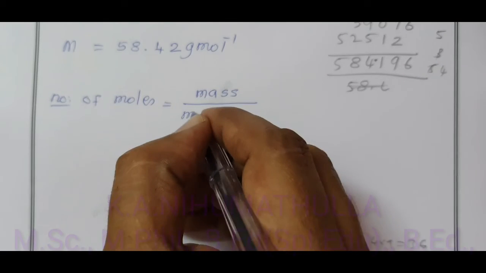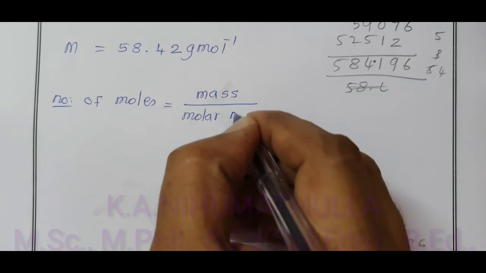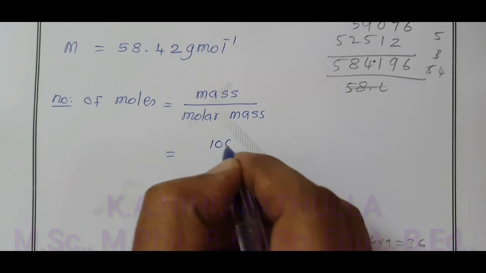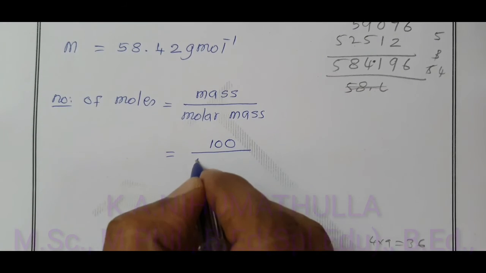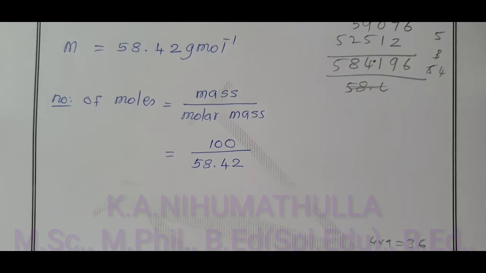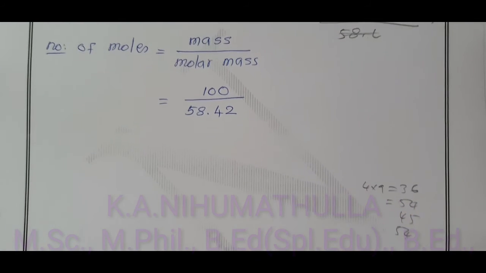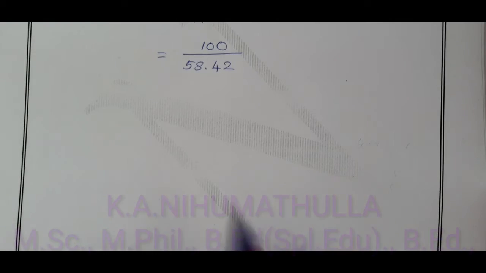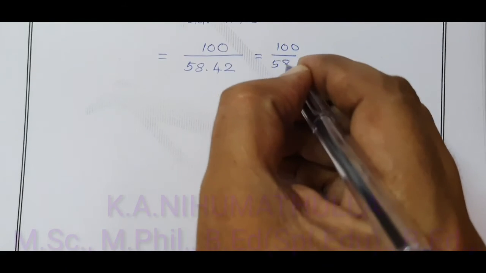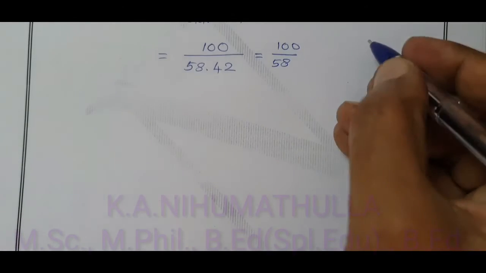The mass of the element given is 100 divided by the molar mass we have calculated, 58.42. That we are going to solve now. By easy solving, we can convert the denominator quantity into the whole number. That is equal to 100 by 58.4, taken as the whole number.